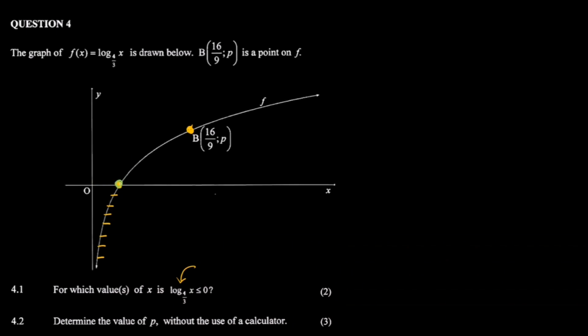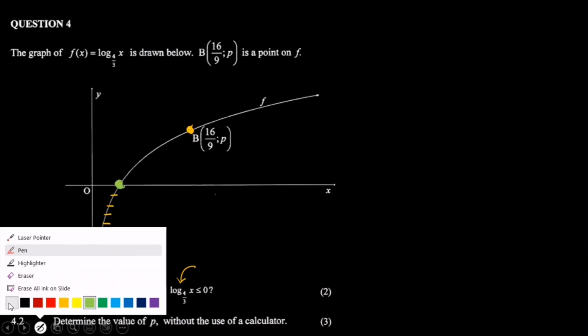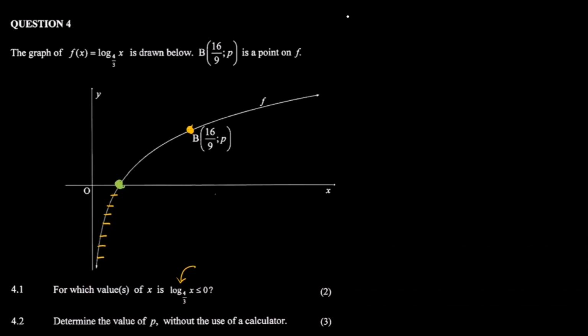So it's very important that we find this point. What is the value of this point? We know that this is the x-axis, and if we're looking for the x-intercept, y has to be 0. The equation was log x base 4/3. So this is going to be log base 4/3 of x equals 0.